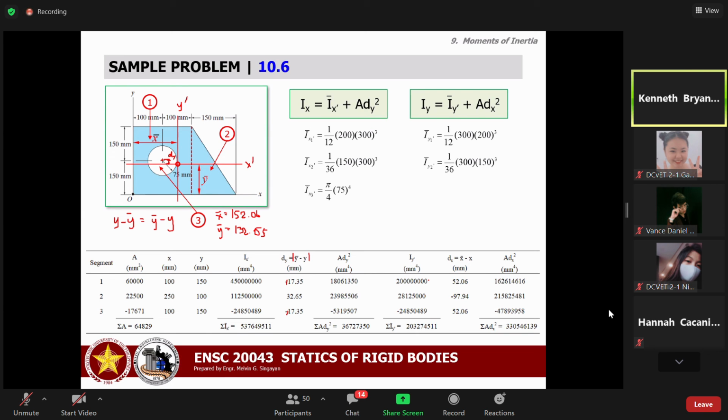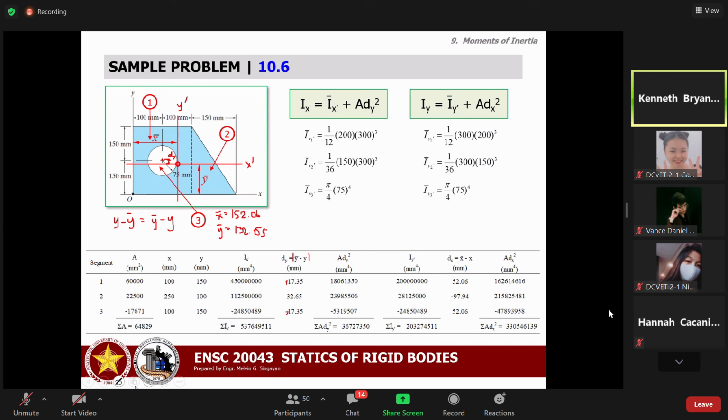Okay? I bar y prime 3 is equal to pi over 4 times 25 to the fourth. Okay? So, similar lang dito. So, ito yung mga values na yon. Take note of the negative sign kasi nga, butas. Okay? Then, get the sum. So, we have summation of I bar y prime.